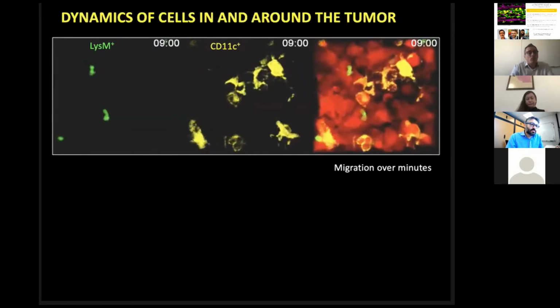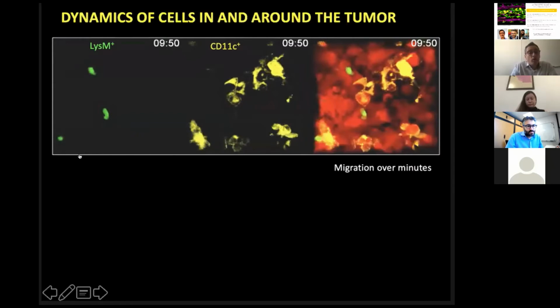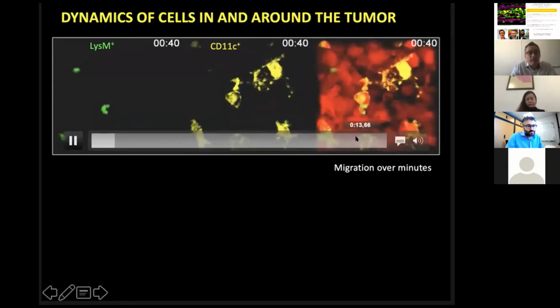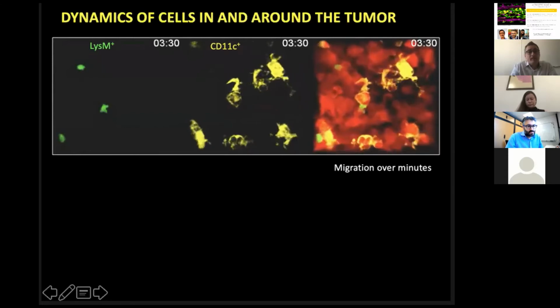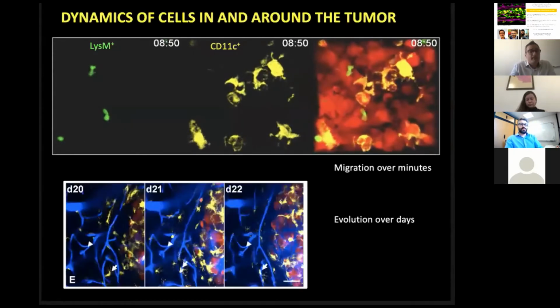But we were able to see that all the green and the yellow cells were both present in the red tumor and were really sensing the environment and eventually touching each other, interacting with each other at the scale of minutes. And this migration over minutes was responsible for an evolution of the distribution of cells over days.